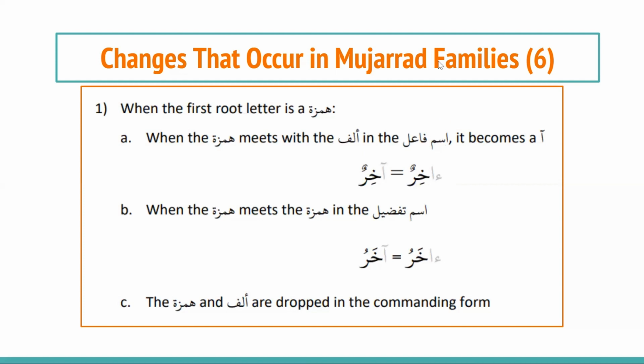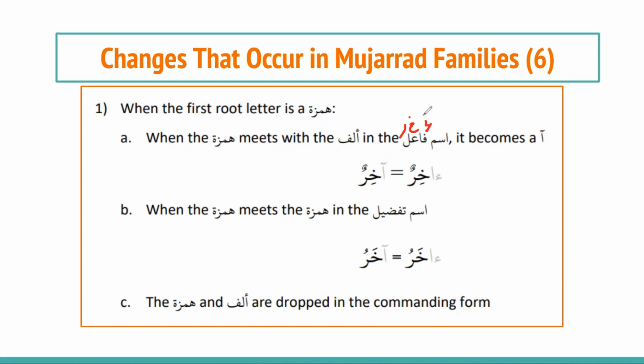Let me write here: if we follow the pattern fa'ilun, so fa is Hamza, and then we have an Alif from the pattern of fa'ilun, and then for example akhaza, then we have kha, or akhara. Let's take the word akhara: Hamza, kha, and ra. So akhirun.